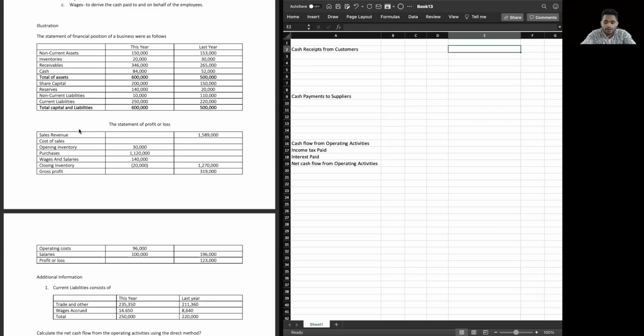Now, the cash received from sales. My opening trade receivables in my statement of financial position is 265,000, and the closing trade receivables is going to be 346,000.